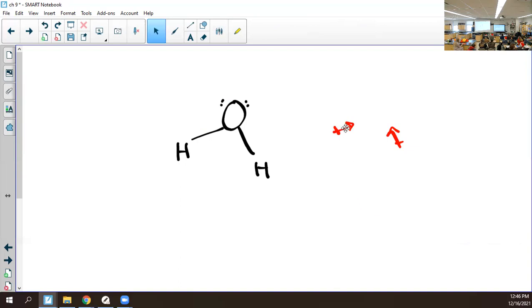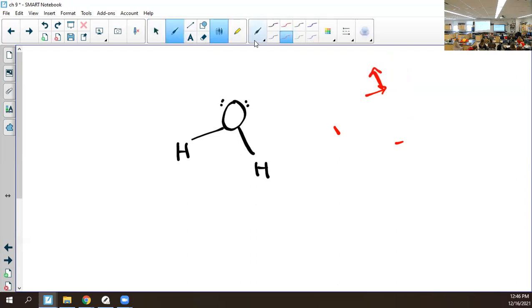So look, I'm going to take this vector. I take the tail of one and put it on the head of the other. And then I draw what's called the resultant vector, which means the overall movement of the electron would have been this way. So since the electrons are moving that way and that way, I do have a dipole. And so this would be polar.